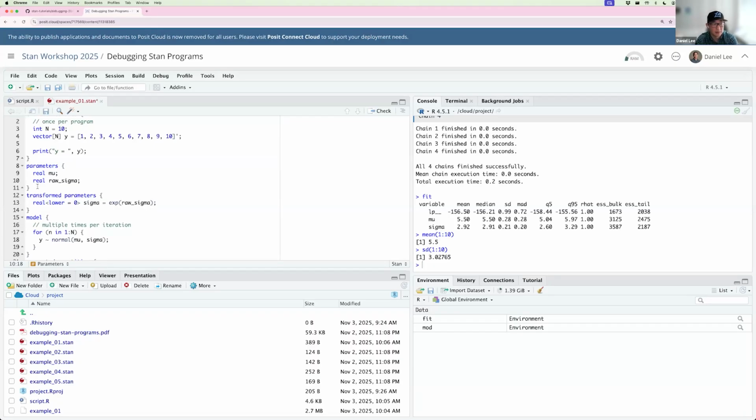I happen to know this exact transform. So what's happening is we're going to define a parameter that's on the minus infinity to infinity scale, and sigma itself is the x for that, and that's going to be positive. But we don't have to do this work. We can let Stan do this for us. We do that, and that'll force sigma to be positive.